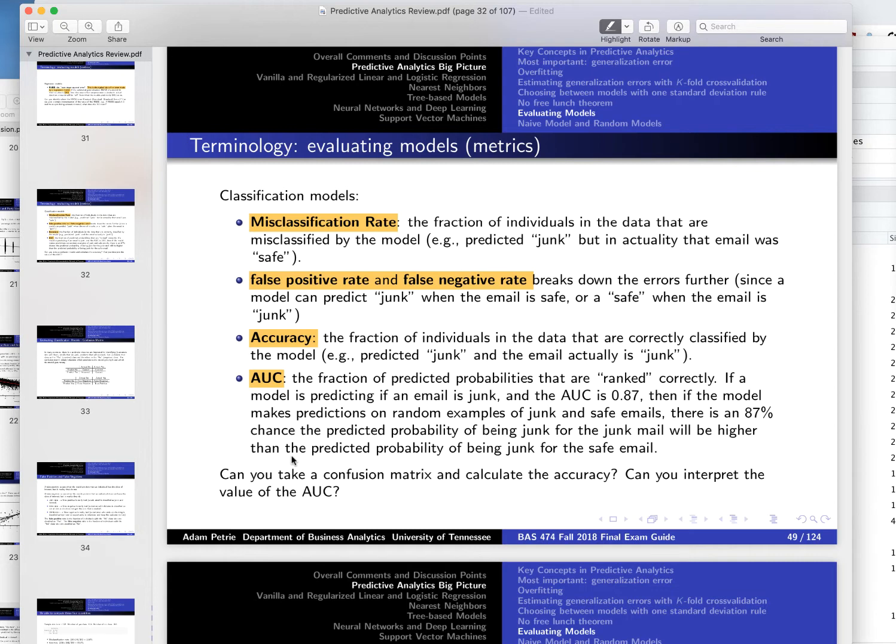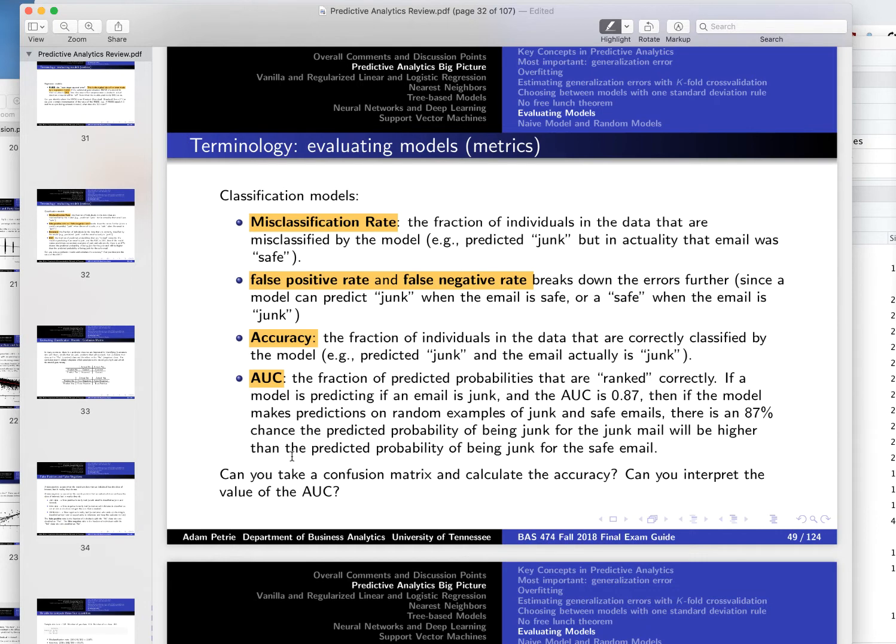If we have members of the yes class and members of the no class, on average we would like the assigned probabilities of belonging to the yes class to be higher for those individuals actually in the yes class than in the no class. We want junk emails to have a higher score for being junk than safe emails. The AUC is really good for fleshing out that aspect of the problem, making sure that a class we're particularly interested in detecting ends up with higher scores or higher probabilities according to the model.